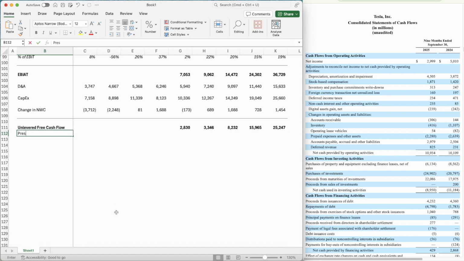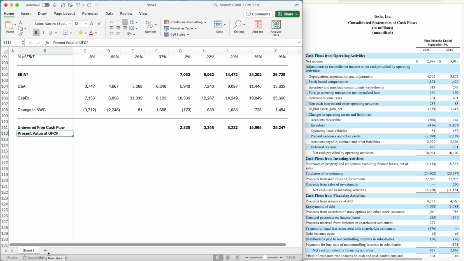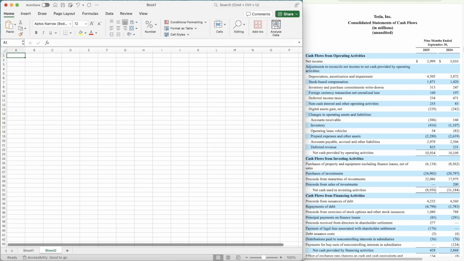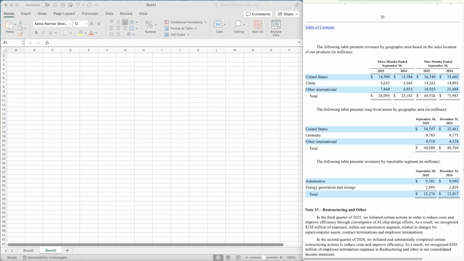Now we want to work out the present value of the unlevered free cash flow. To do this, we need to build a WACC, a weighted average cost of capital. So open up a new sheet and let's do this. So what is the WACC? The WACC is the weighted average cost of capital.